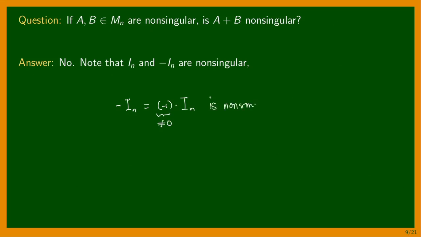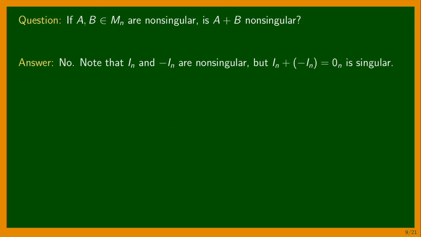So these matrices are non-singular. However, if you add these matrices, you get the 0 n by n matrix, which is a singular one. So we cannot guarantee that if A and B are non-singular matrices, their sum is also non-singular.